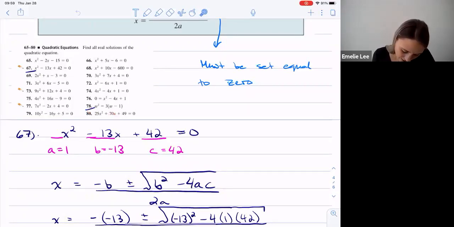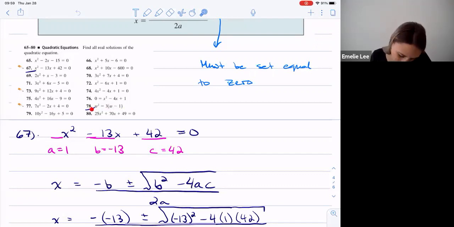Okay. Because that is one that's not set equal to 0. W squared is equal to 3 times W minus 1. So even when you see this, right, as soon as you see your highest power is 2, you can make this into a quadratic, right? So if you have to find the real solutions, or if you have to factor it, then you can use the quadratic formula.